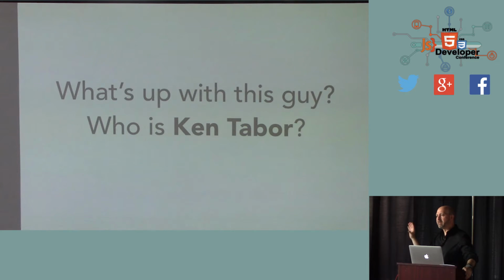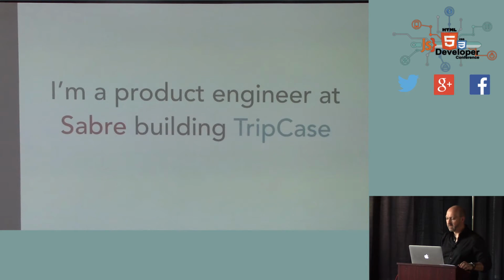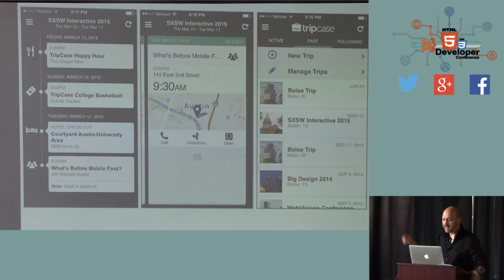So I mentioned my app, and you might be thinking, what's up with that? I'm working at a company called Sabre. We're based out of the Dallas area, and we're a tech company serving the global tourism and travel industry: hoteliers and car rental agencies, airlines, corporations. And we particularly built this app, TripCase.